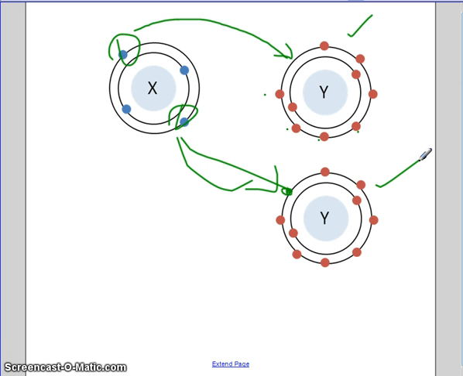Thereby that makes that Y stable, and now X is stable. It lost its 2. So the formula between these ones, we only have 1 X, so I just have X, but now I have 2 Y's, so X Y 2. And that's how you come up with the formulas for ionic compounds.